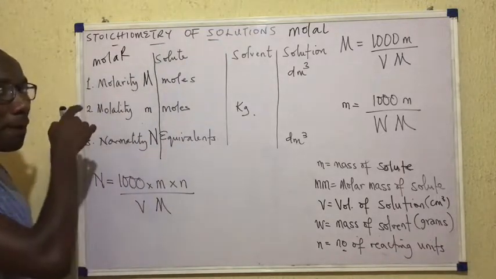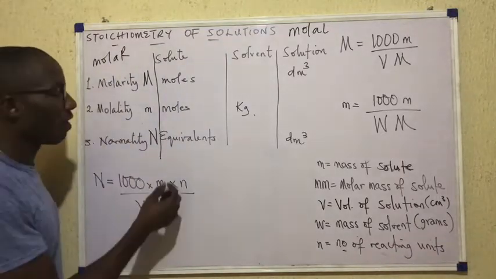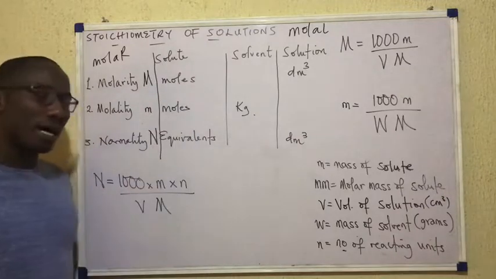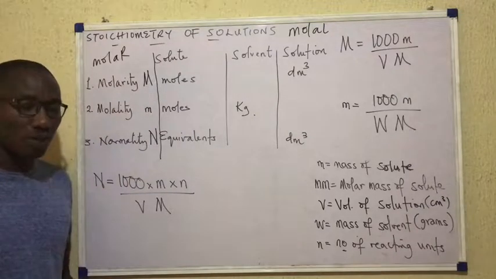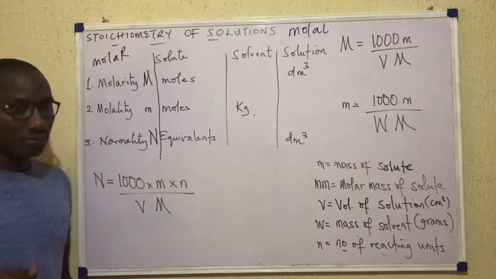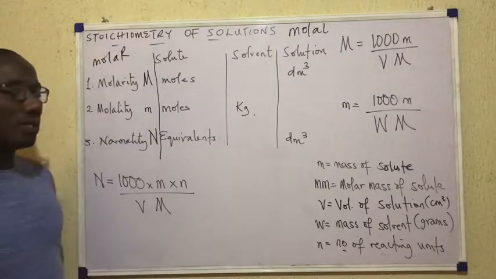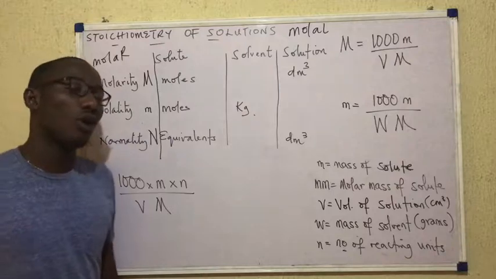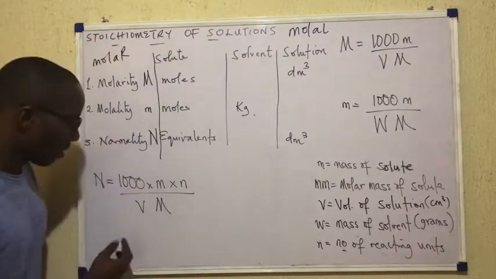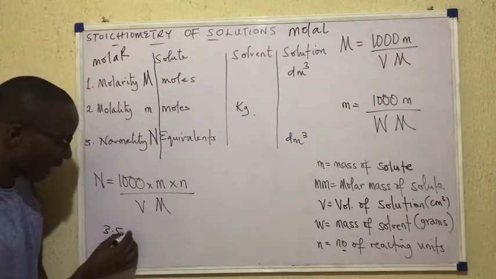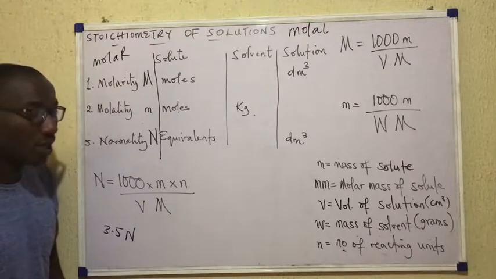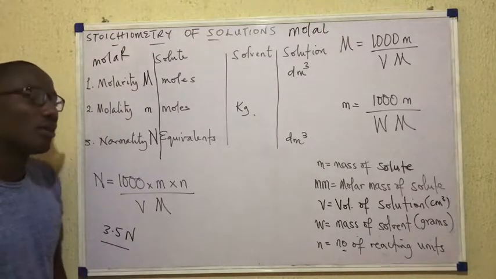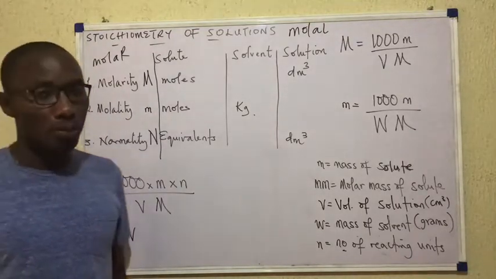So molar, molal. So if I write 4 and small m as a concentration, you pronounce it as 4 molal. Then normality is represented with the capital N, and that N is called normal. So if I write 3.5 capital N as a concentration, then you pronounce this as 3.5 normal.